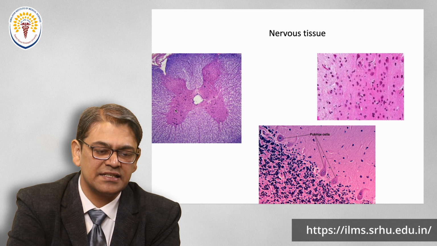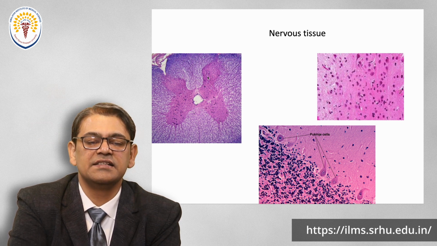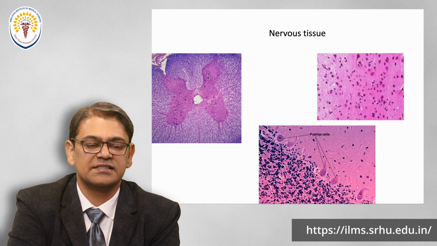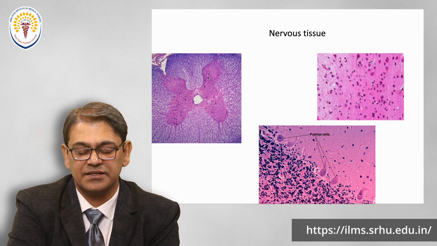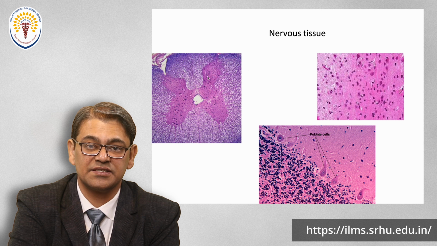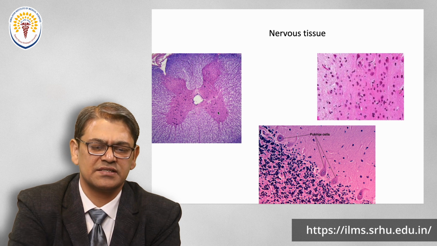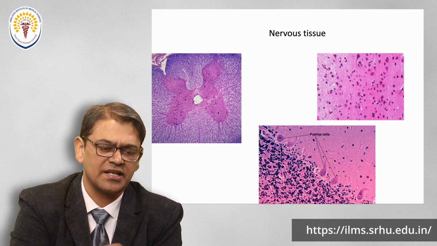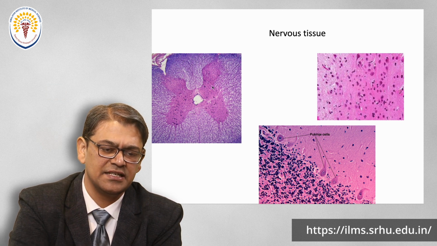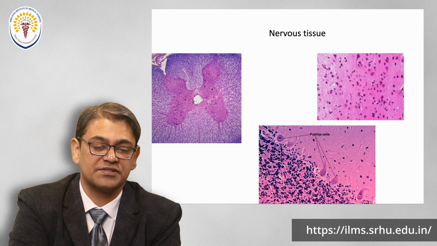Also, there are clear-cut round structures which are empty and white. Can you depict it? I am putting my cursor here, this one. These are blood vessels, and this area is not devoid of blood. Neuronal structures are very sensitive to oxygen, so a rich blood supply is also present here, but in the form of very small vessels. Whenever we take a section, these small vessels appear as empty structures.